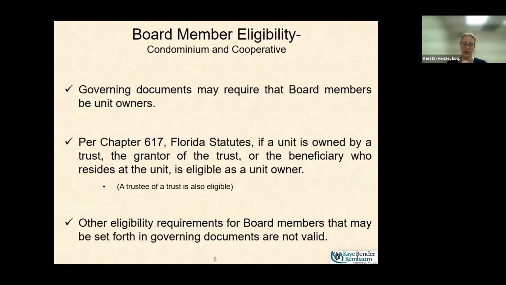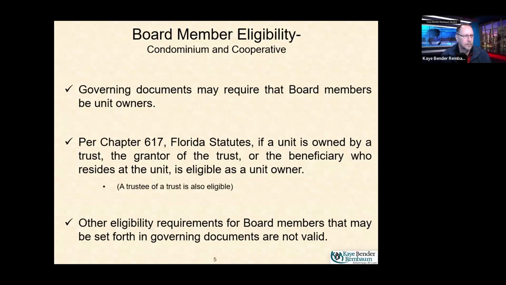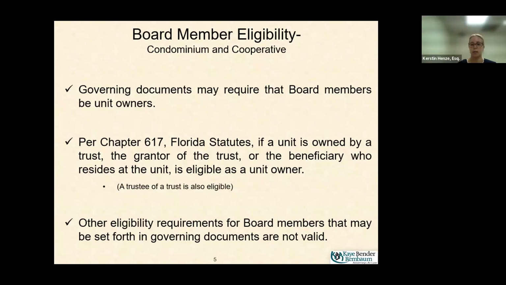So it is governed under 718, 719, and then 617 as well. Chapter 617 does say that if a unit is owned by a trust, then the grantor and the beneficiary who resides in the unit are also eligible as unit owners and therefore can be eligible and qualified for board membership. Now, there could be other eligibility requirements in your bylaws.